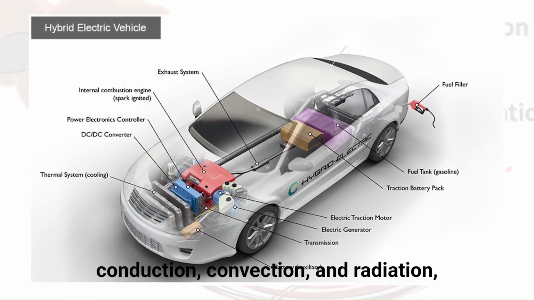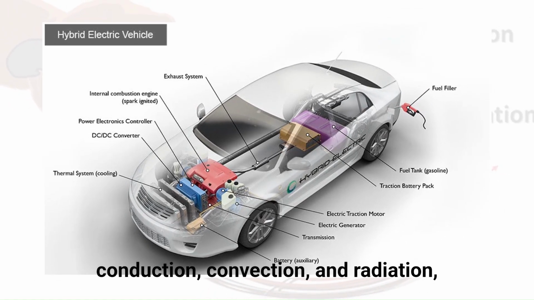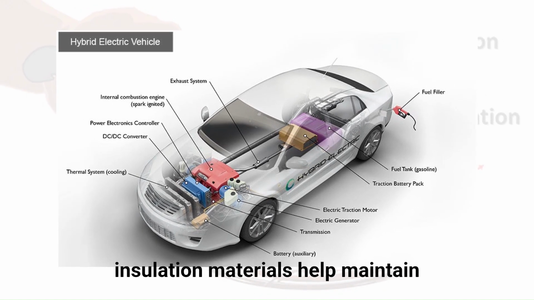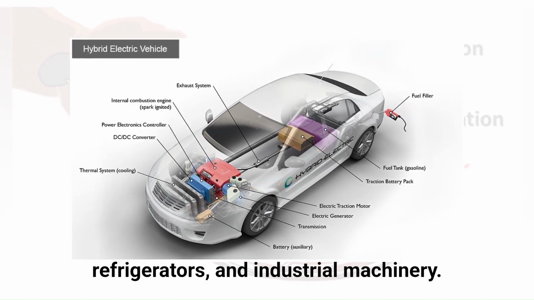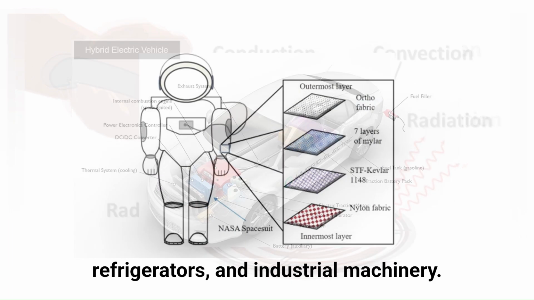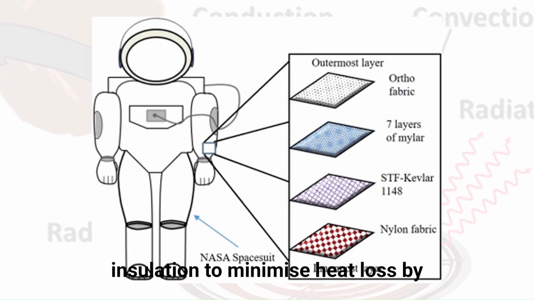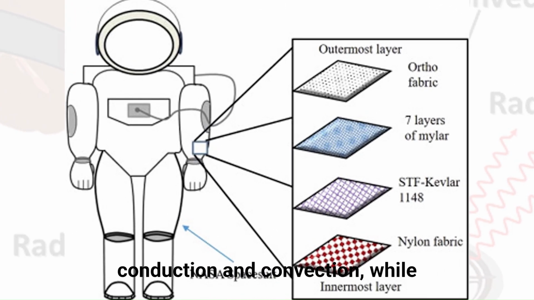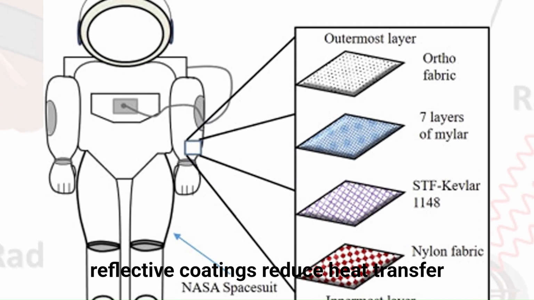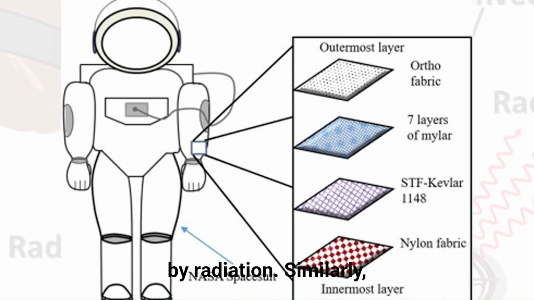Insulation is another key aspect of managing heat transfer. By controlling conduction, convection, and radiation, insulation materials help maintain desired temperatures in homes, refrigerators, and industrial machinery. For instance, thermos flasks use vacuum insulation to minimize heat loss by conduction and convection, while reflective coatings reduce heat transfer by radiation.